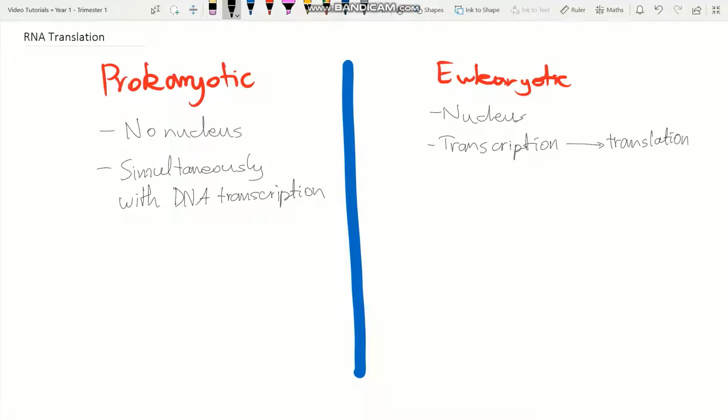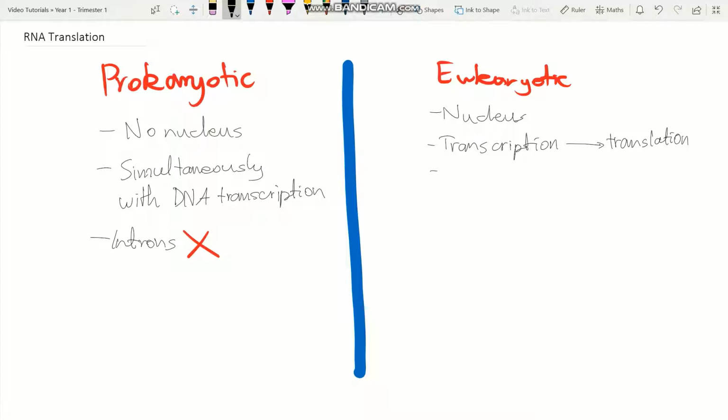Furthermore, as I mentioned in a video before, in prokaryotic cells, there are no introns present on the RNA strand. This means that the RNA strand does not have to undergo the process of splicing as a post-transcriptional modification.